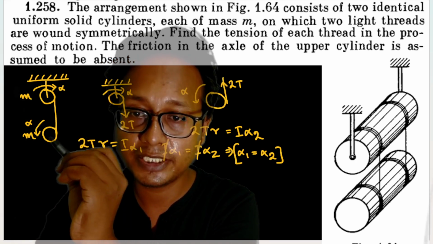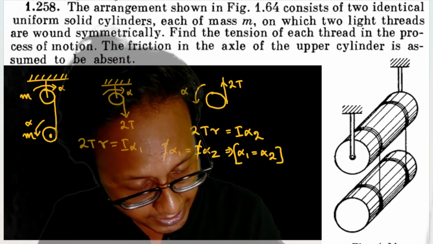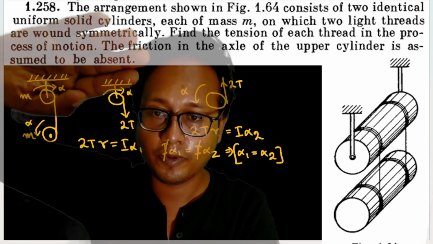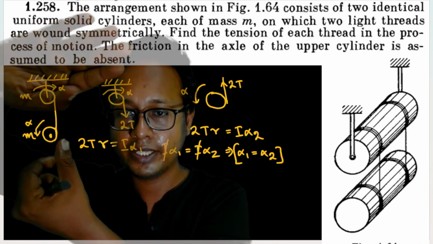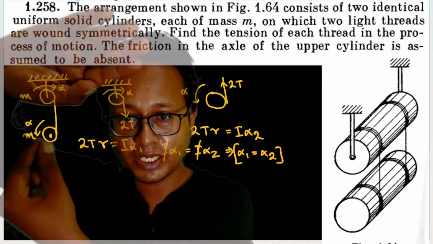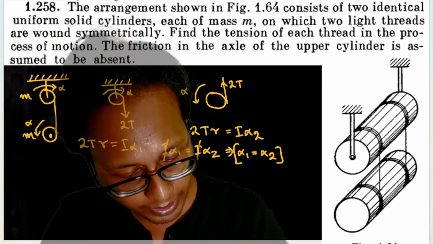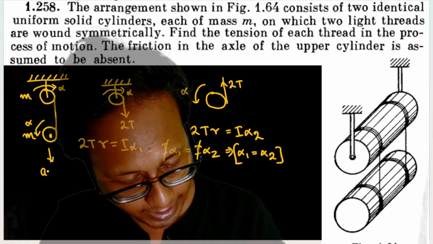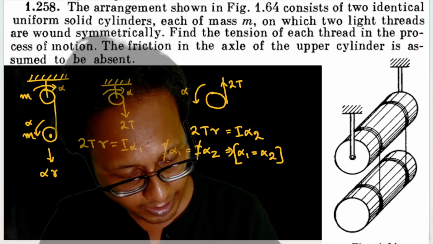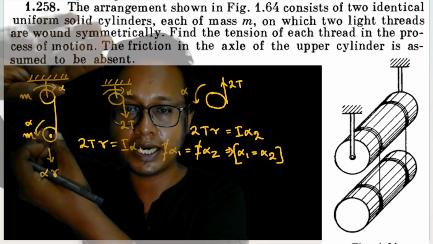What is the linear acceleration in the downward direction of this center? If we hold this dot and let this thing go, this is rotating with alpha. So the linear acceleration here is nothing but a equals alpha into r, where r is the radius of the cylinder.